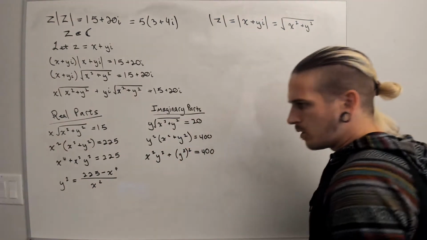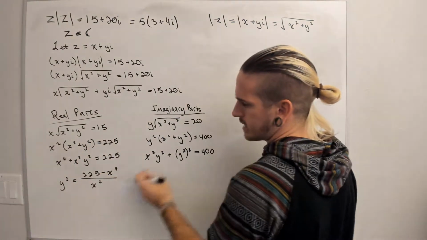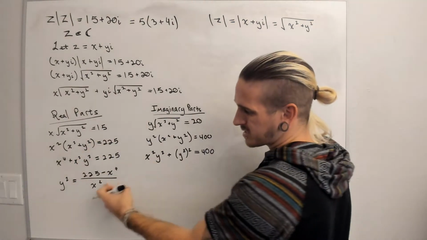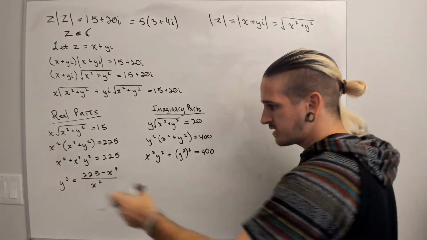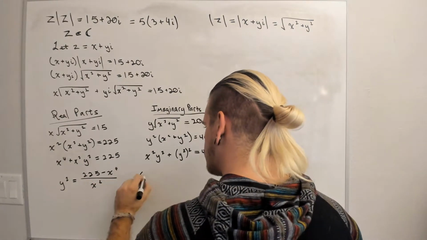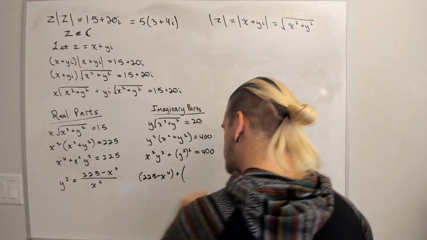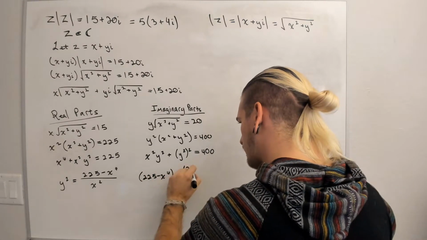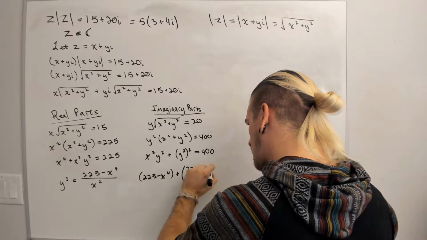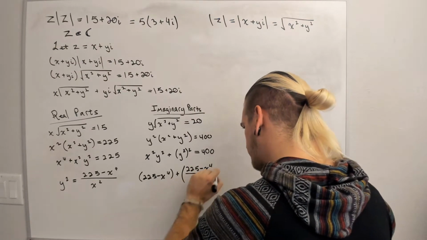So when we substitute the y squared into here, notice this x squared and the x squared in the denominator will cancel out, which means for this part, we just have 225 minus x to the fourth, and then plus the whole thing squared.